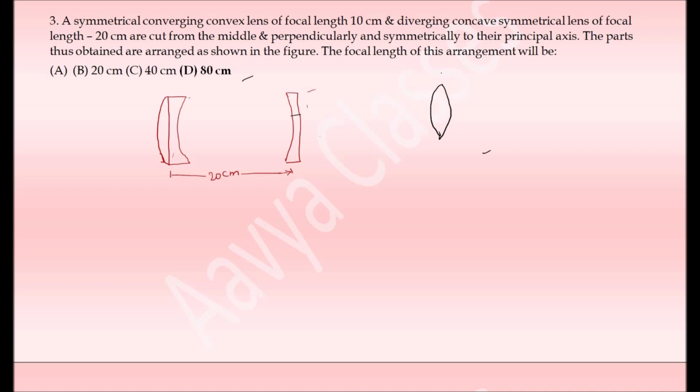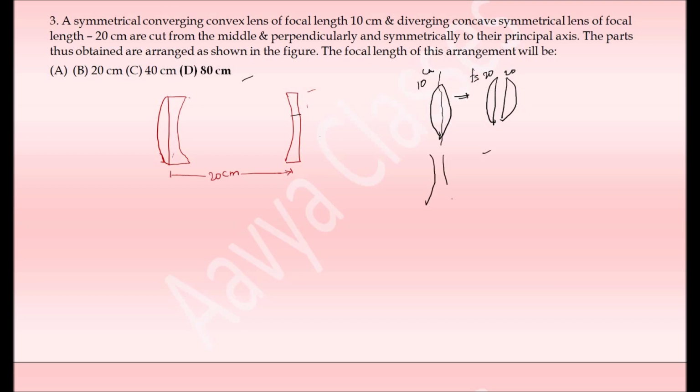As per this problem, this is our symmetrical convex lens, and the focal length of this lens is 10 centimeters. If we cut this lens, we get two parts, and the focal length of each part will be 20 centimeters.